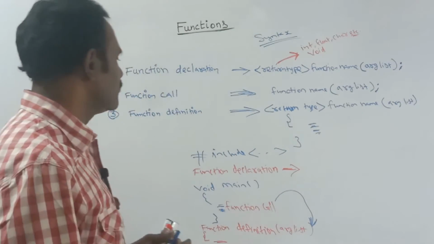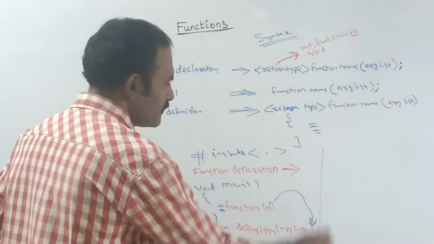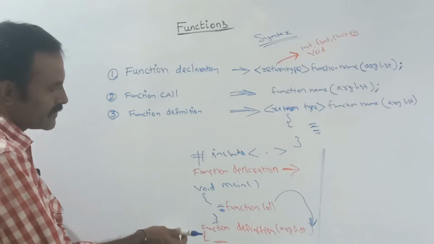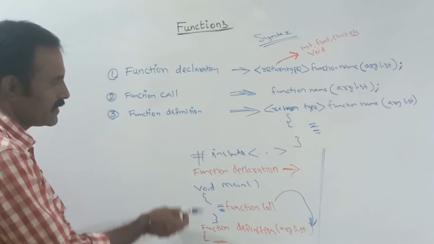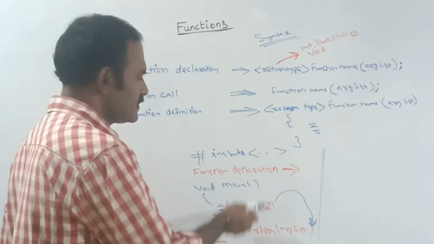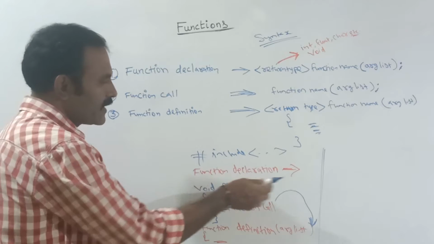Now the second type: instead of writing the function declaration, function call and function definition separately, we can write the function definition directly before the main part. Here we need not declare the function.